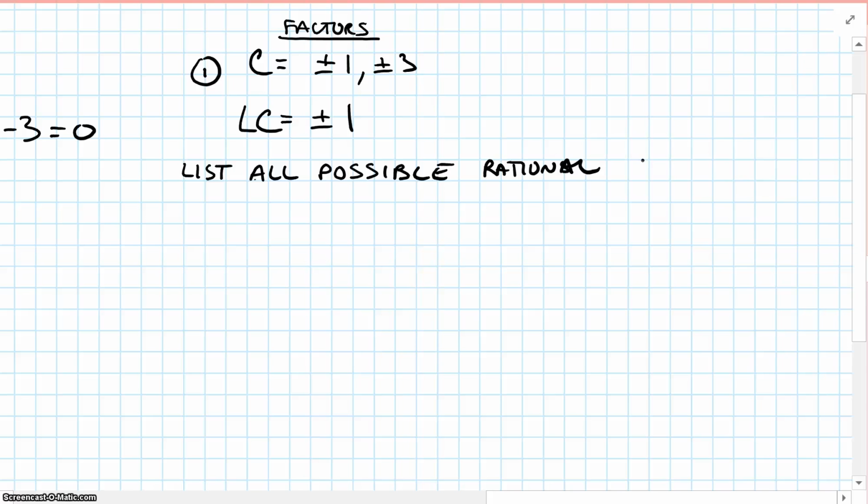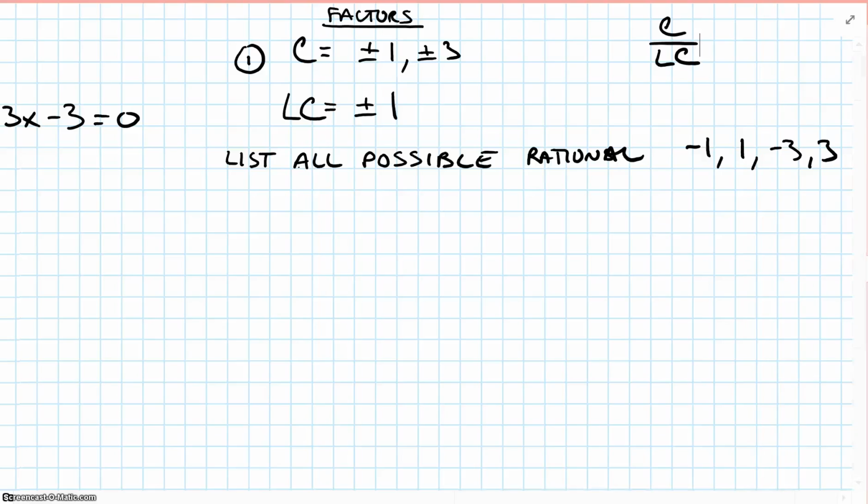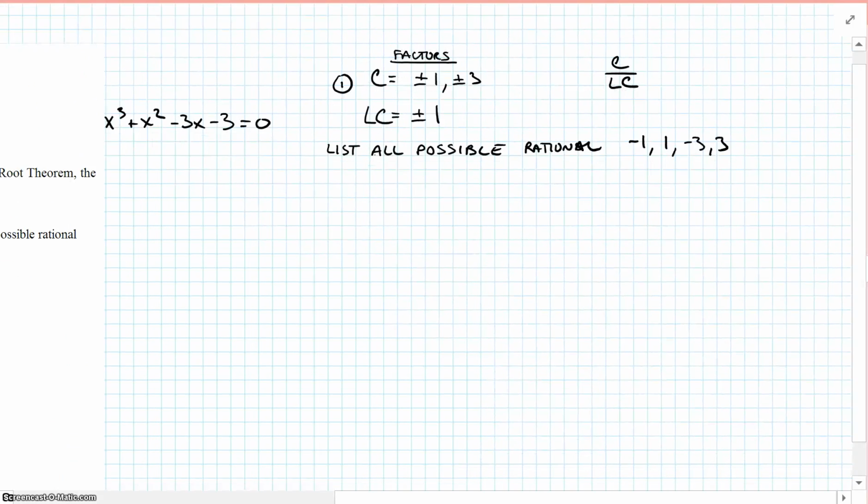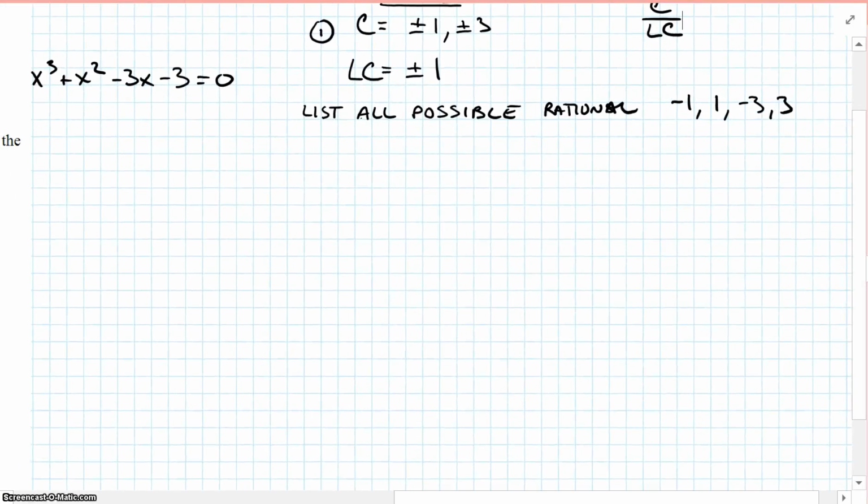It's just going to be -1, 1, -3, and 3, because remember, the possible rational roots are going to be the constant over the leading coefficient. So we can just plug these into the original equation and solve for x every time. Or what I'm going to use is synthetic division.